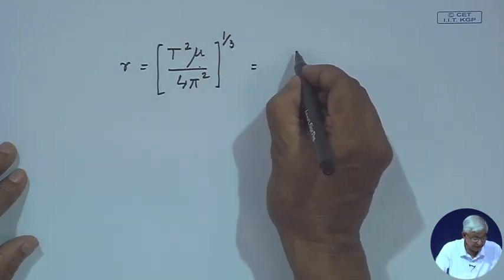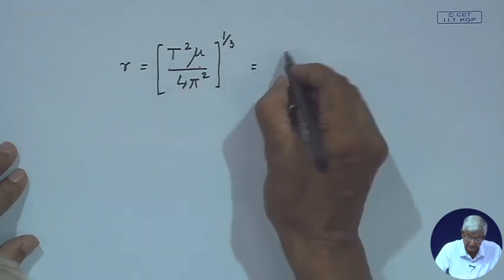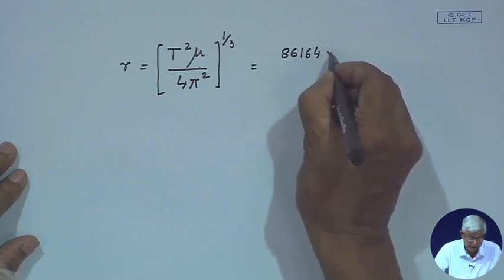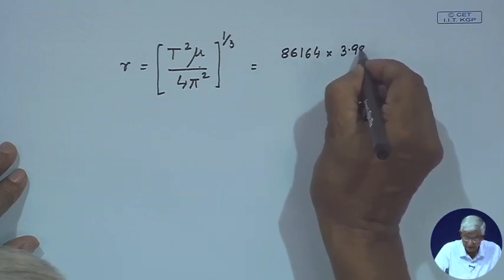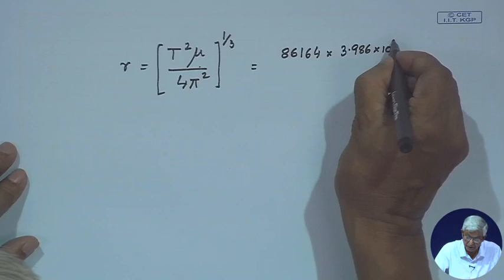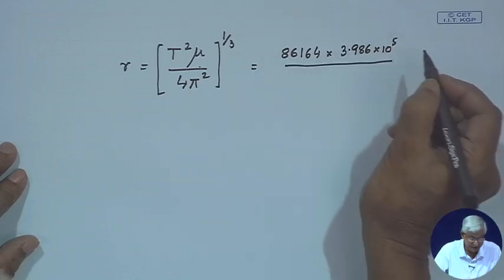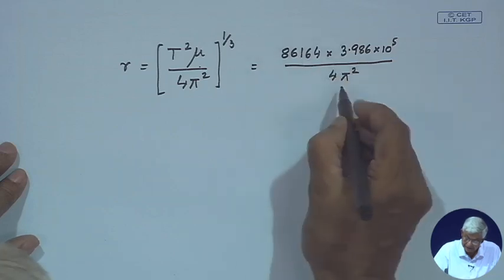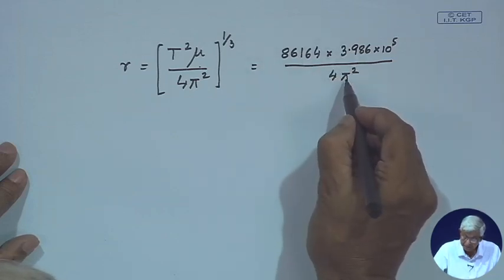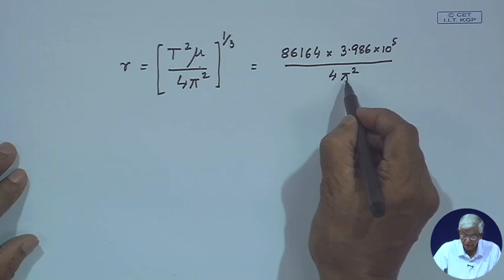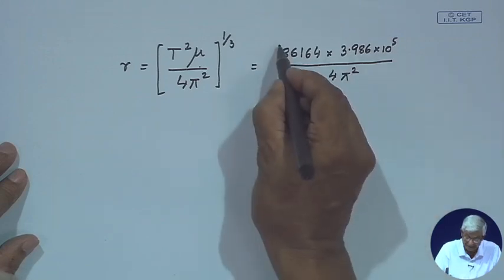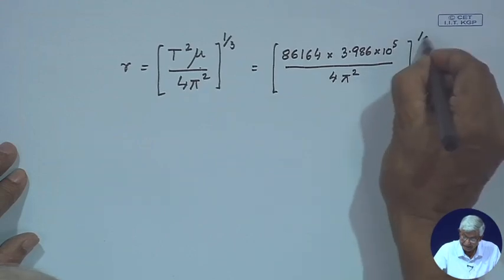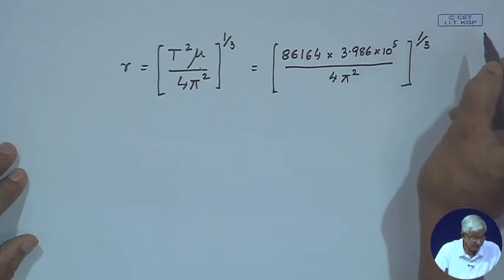We know the sidereal day timing, that is T is 86164 second, and the mu value is 3.986 into 10 to the power 5 kilometer cube per second square, over 4 pi square. Here you can see we have to use the pi value directly instead of 3.14 square, because we are dealing with a larger number, and then take the power 1/3.